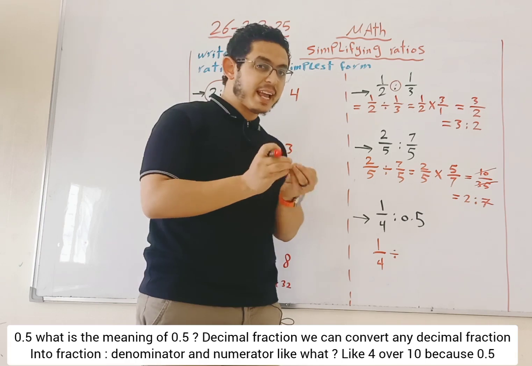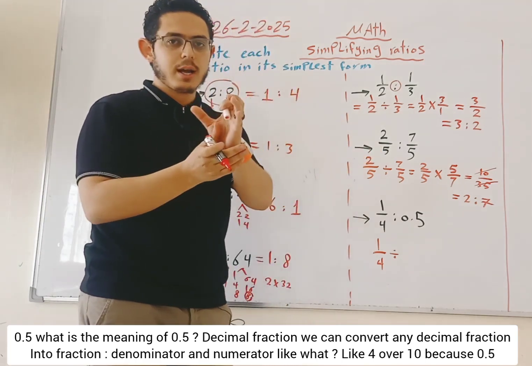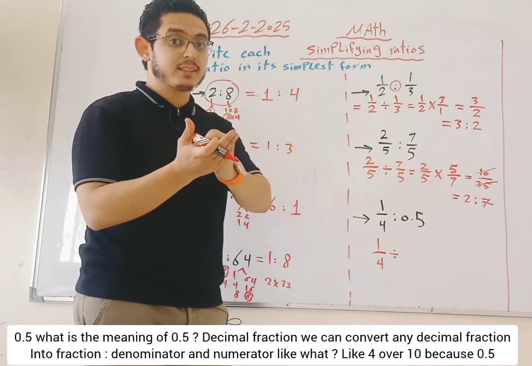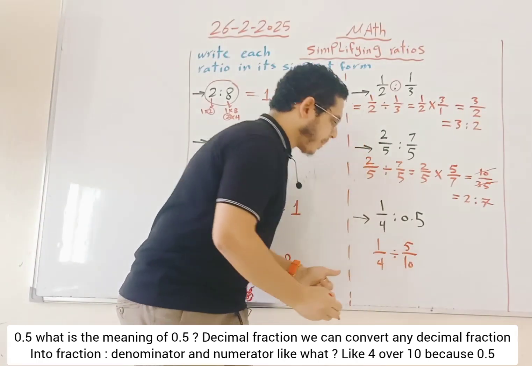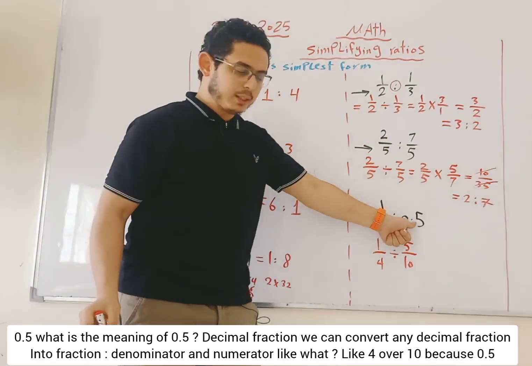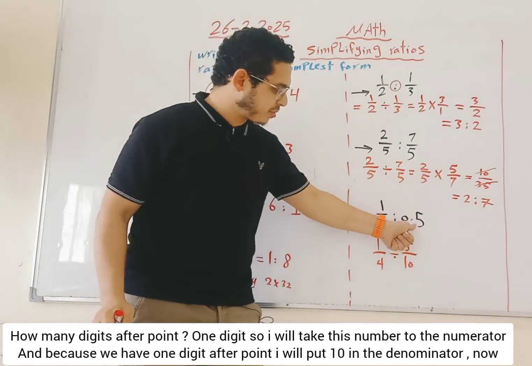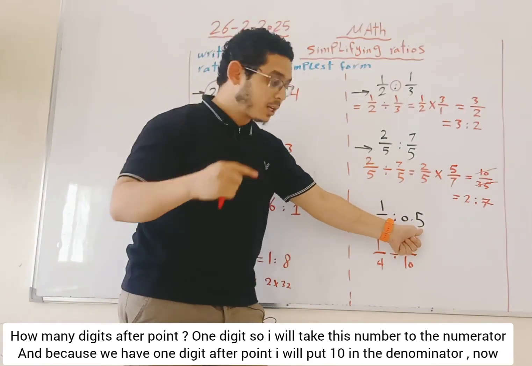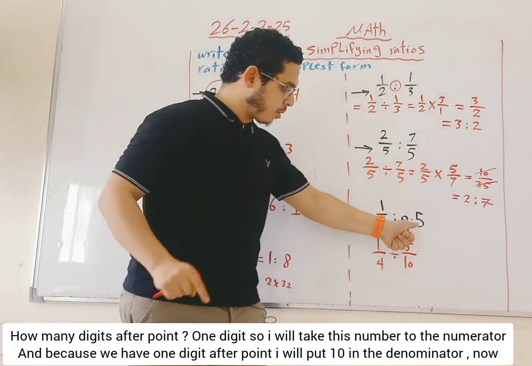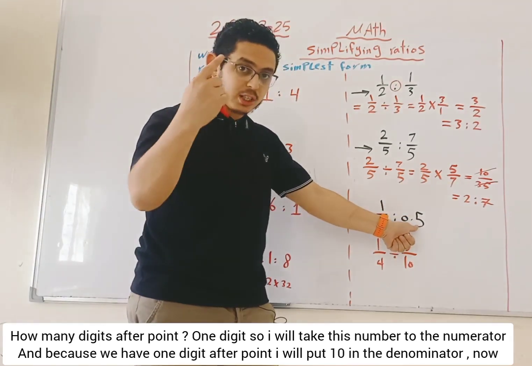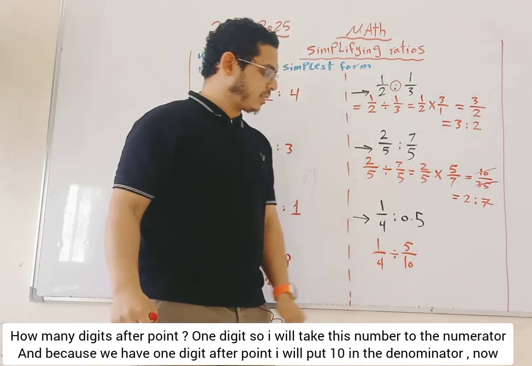I can convert any decimal fraction into a fraction, into numerator and denominator. Like what? Like 5 over 10. Because 0.5, how many digits after the point? 1 digit. So I will take this number in the numerator, and because we have 1 digit after the point, I will put 10 in the denominator.